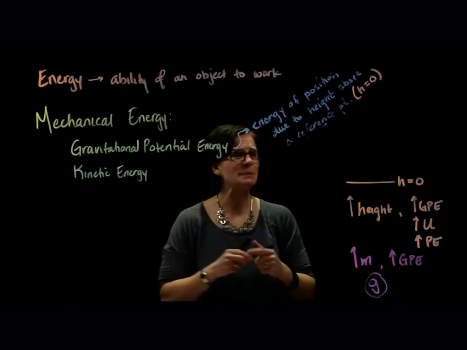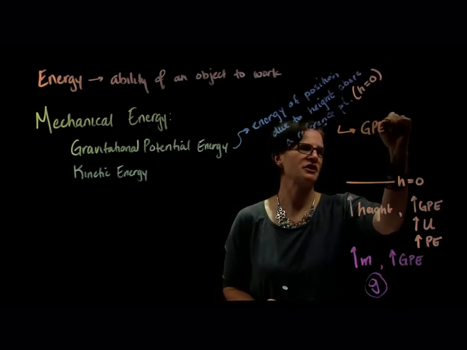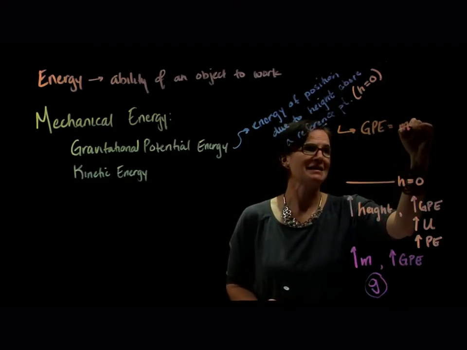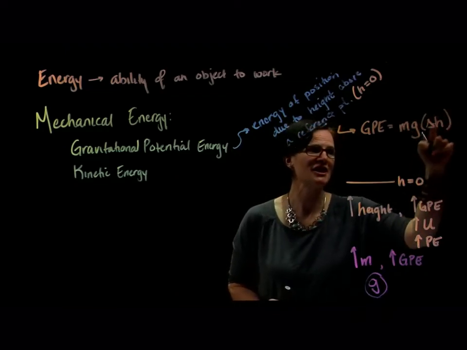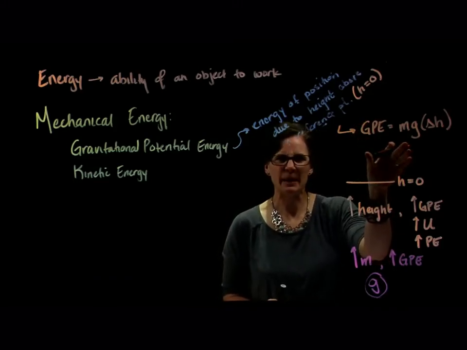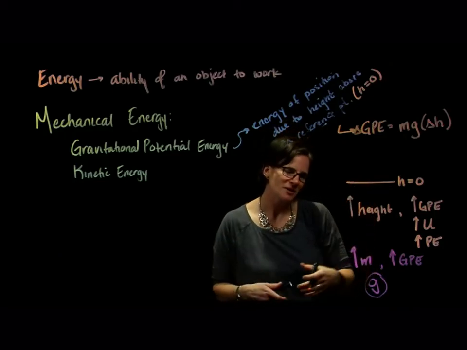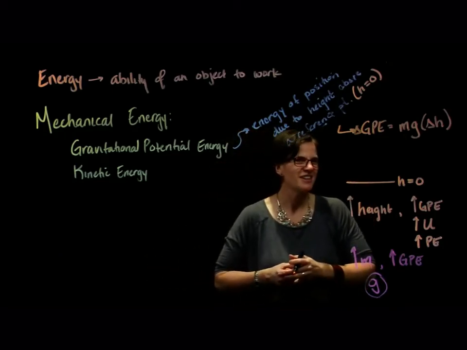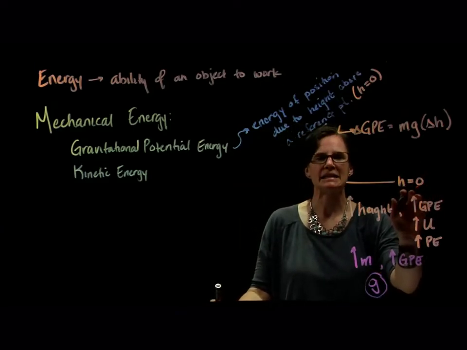When we put all these pieces together, we find that the gravitational potential energy is equal to the mass times the gravity times our change in height. And this is our change in potential energy, which is typically what's important for us. But if we're clever about our analysis, we set that initial height to be 0.